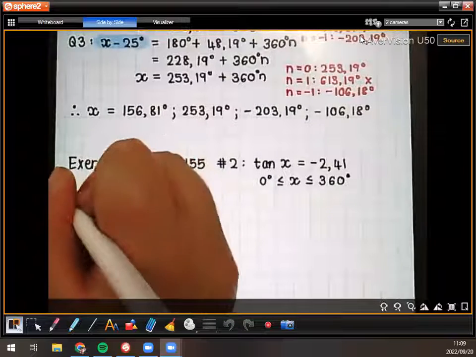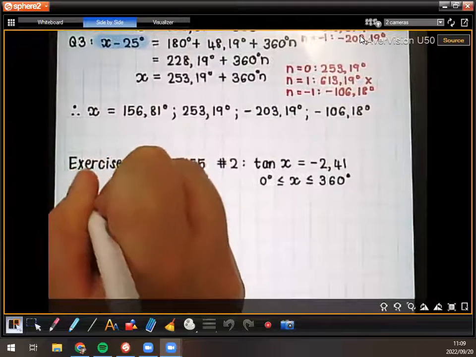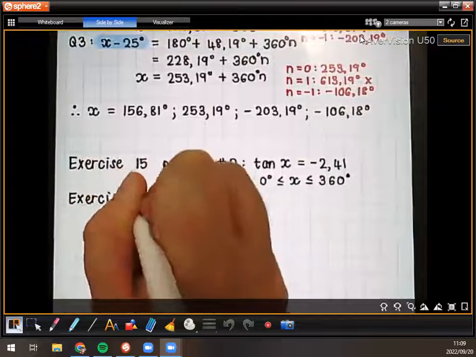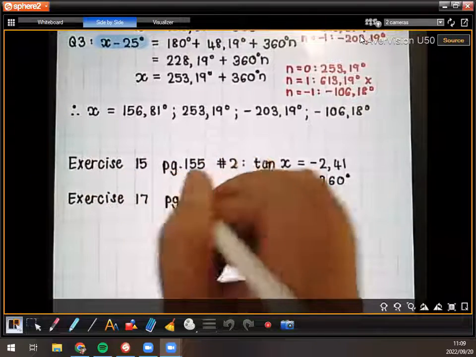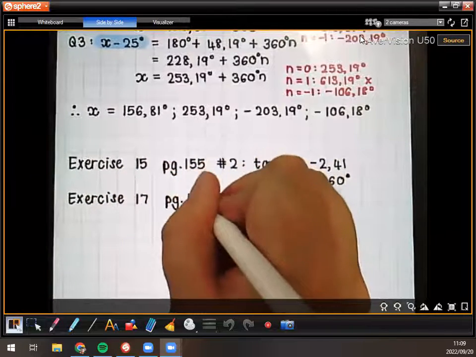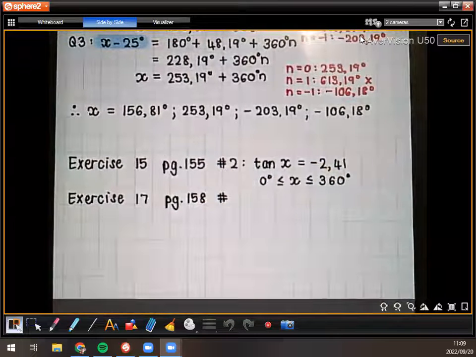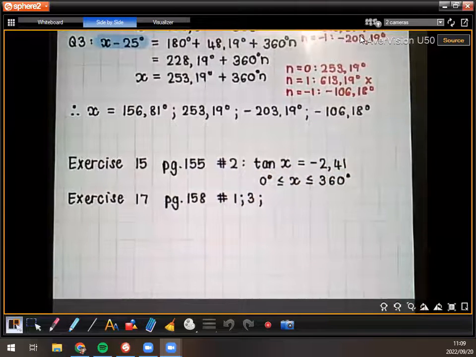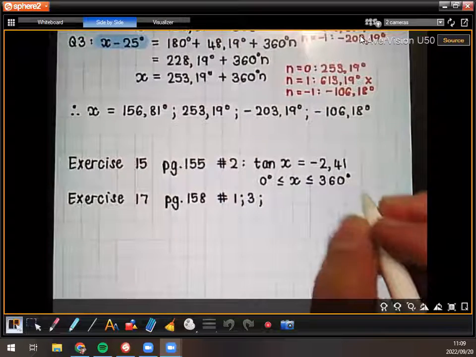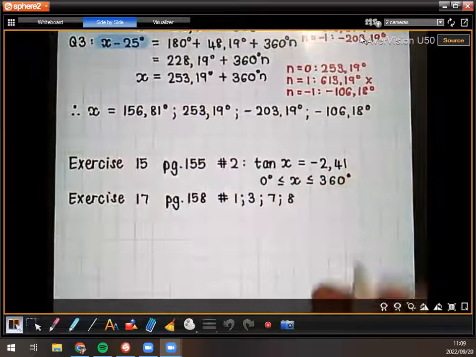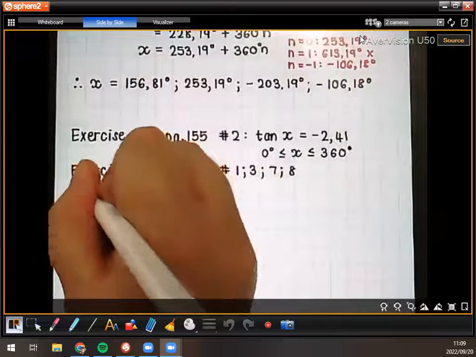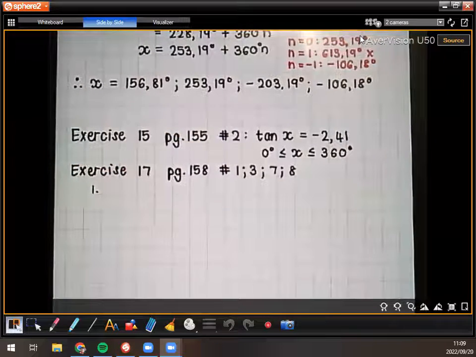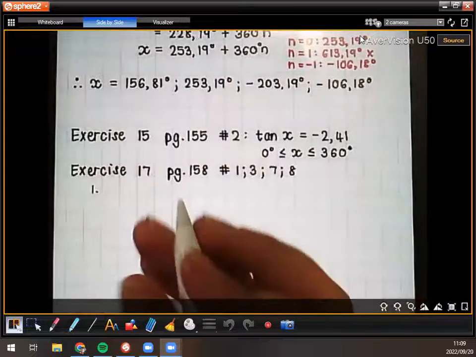But then from exercise 17, number 1, 3, these are all just general solution questions, so you don't have to do this last step.